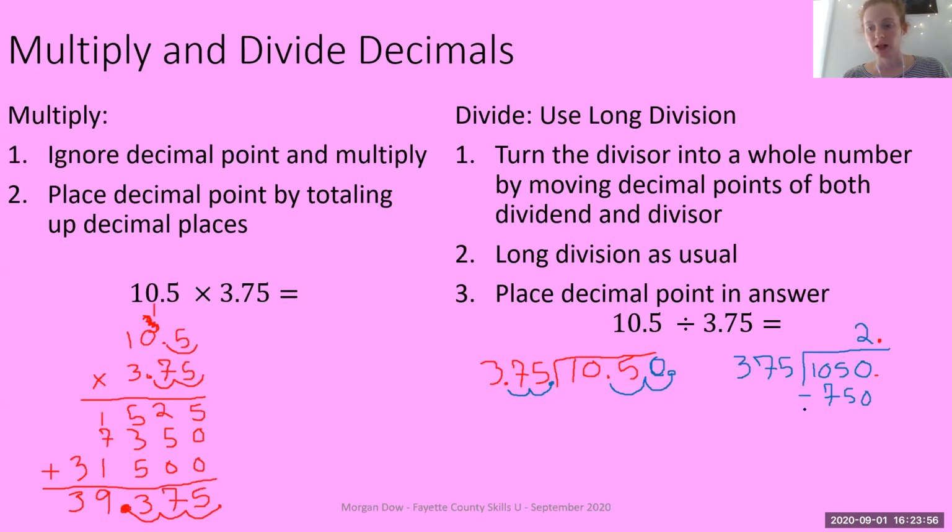Okay. And then we subtract. 300 left over. 375 won't go into 300. What do we need to do? We need to add a 0 to work with.